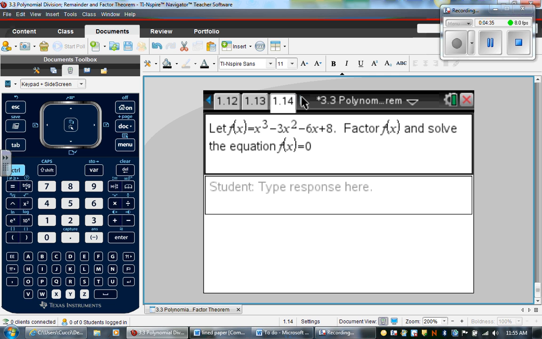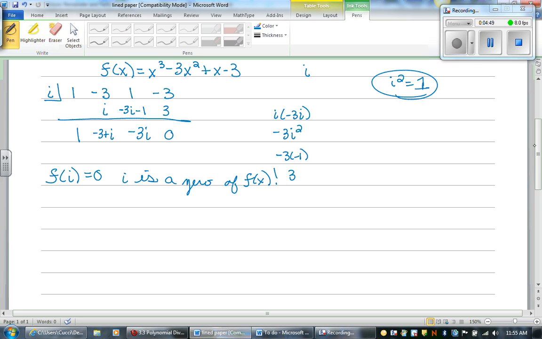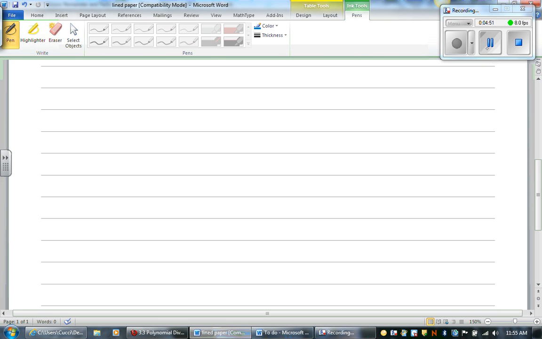And we want to factor it so that we can solve the equation. We want to factor it so that we can solve f of x equals 0.